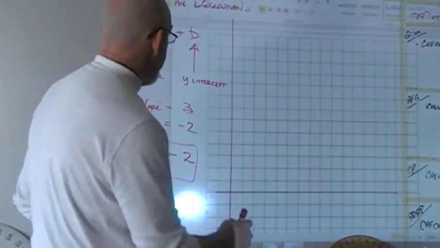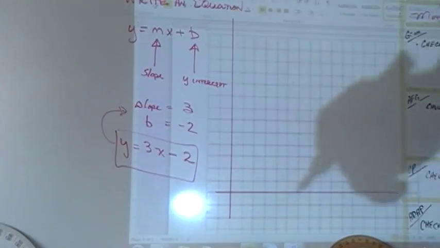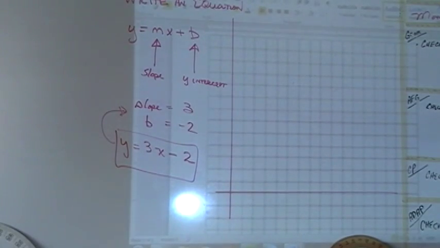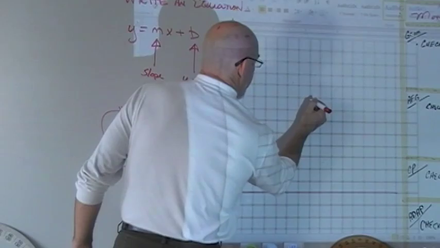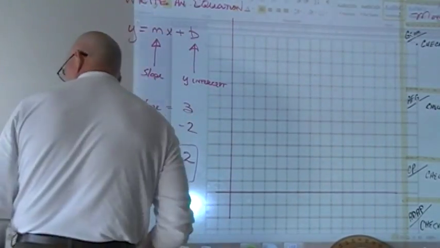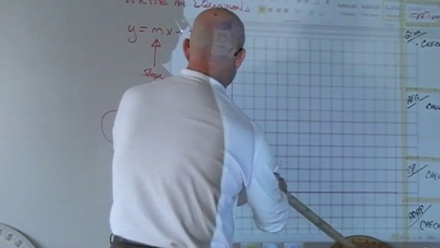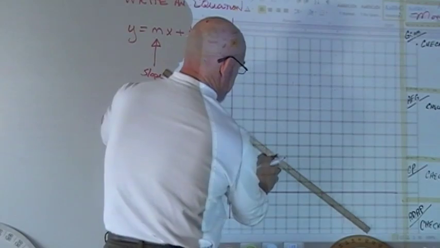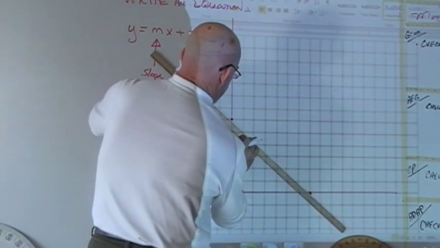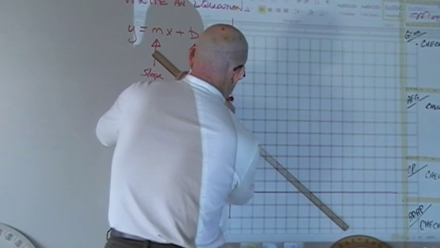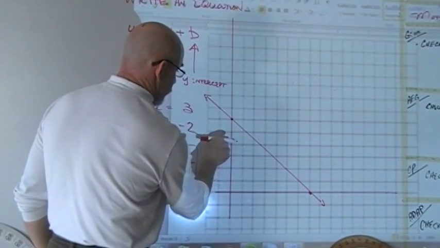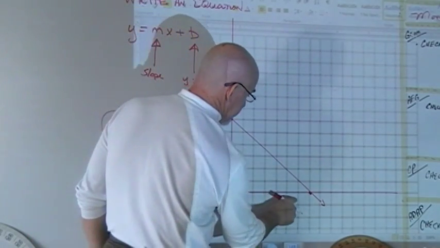For example, if you saw that the graph went something like this, we were given this information, and we count 1, 2, 3, 4, 5, 6, and 1, 2, 3, 4, 5, 6, 7.